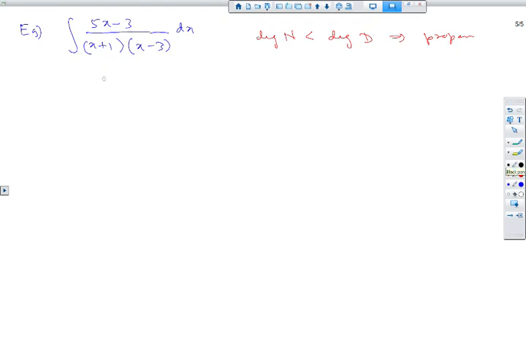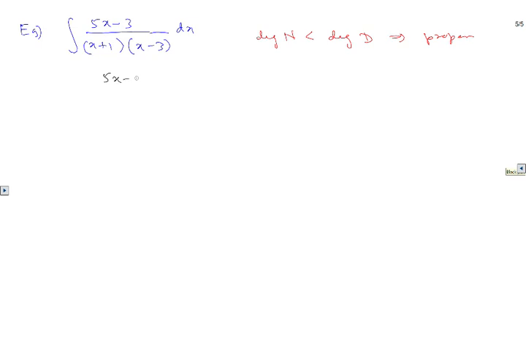So we can write (5x minus 3) over (x plus 1)(x minus 3) identical to a over x plus 1 plus b over x minus 3. So we write the form.